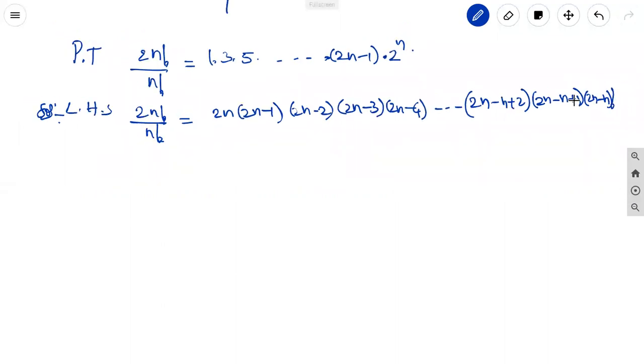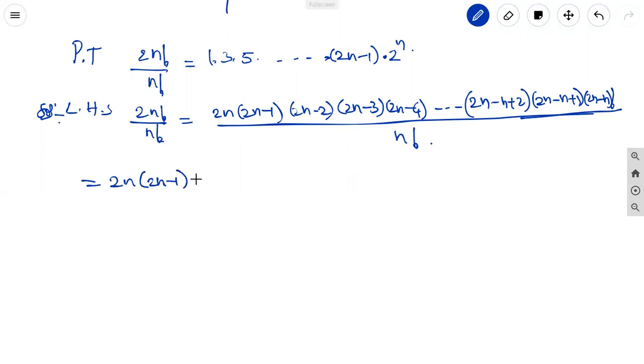Here n comes before n+1, n+1 before n+2, and so on, divided by n!. It is equal to 2n × (2n−1) × ..., where 2 is common: 2(n−1), then (2n−3), again 2 common, (n−2), and so on.